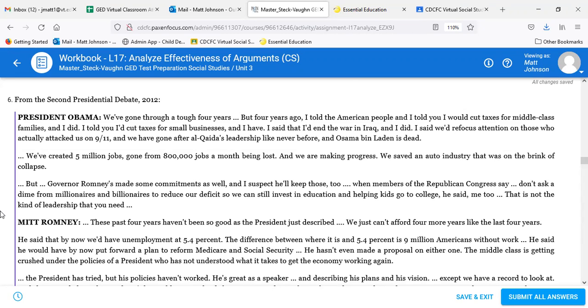President Obama: We have gone through a tough four years, but four years ago, I told the American people I would cut taxes for middle-class families, and I did.